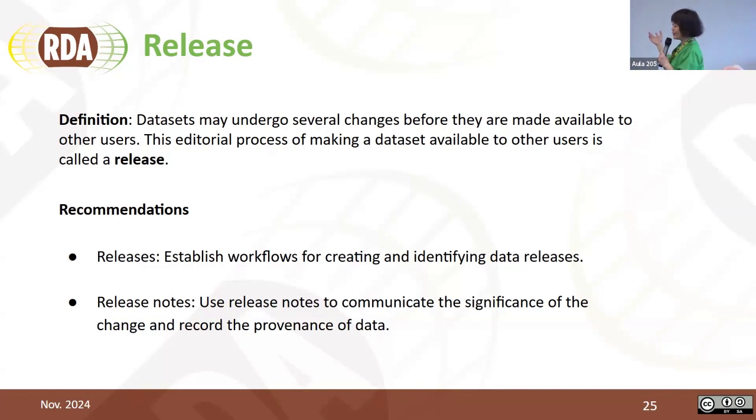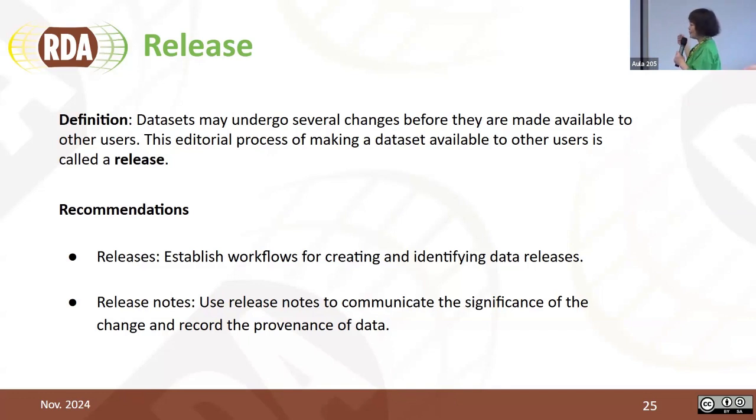When a data set goes through several changes, you want to make a new version of the data set available to other users. That's called a release. And this process, as Yan said, involves an editorial process.